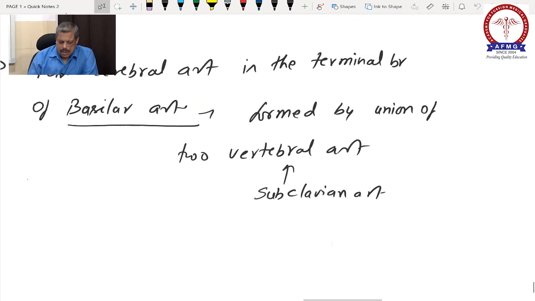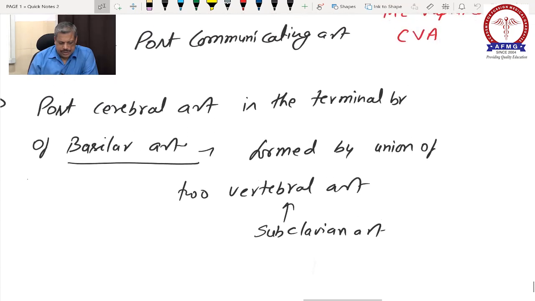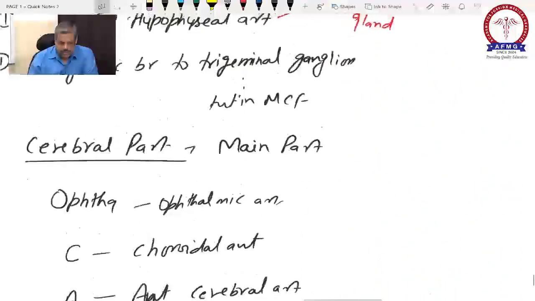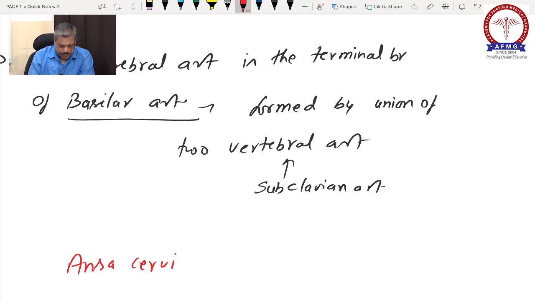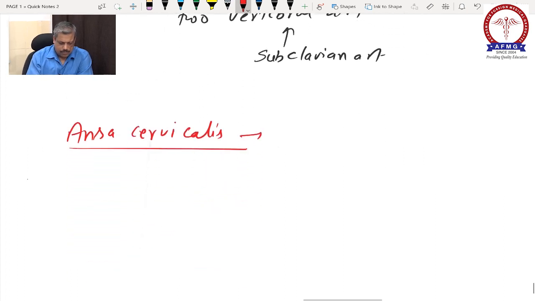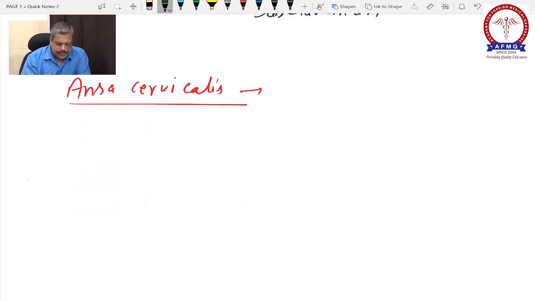Thank you. Now another important structure which is present here is known as the ansa cervicalis. So we will talk about the ansa cervicalis. Ansa cervicalis is a nerve loop which is present in the cervical region.